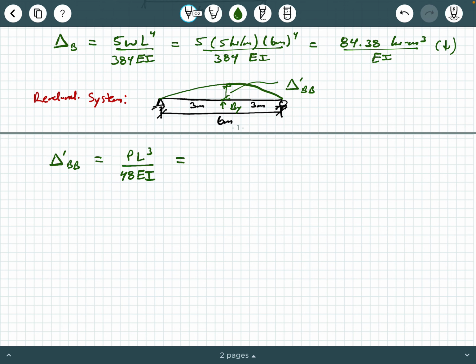So P in this case is BY. That's going to be BY times 6 meters cubed over 48 EI. And substituting those values in, you should get 4.5 meters cubed times By all over E times I. And that's going to be an upward deflection because we have assumed By is pointing up here.